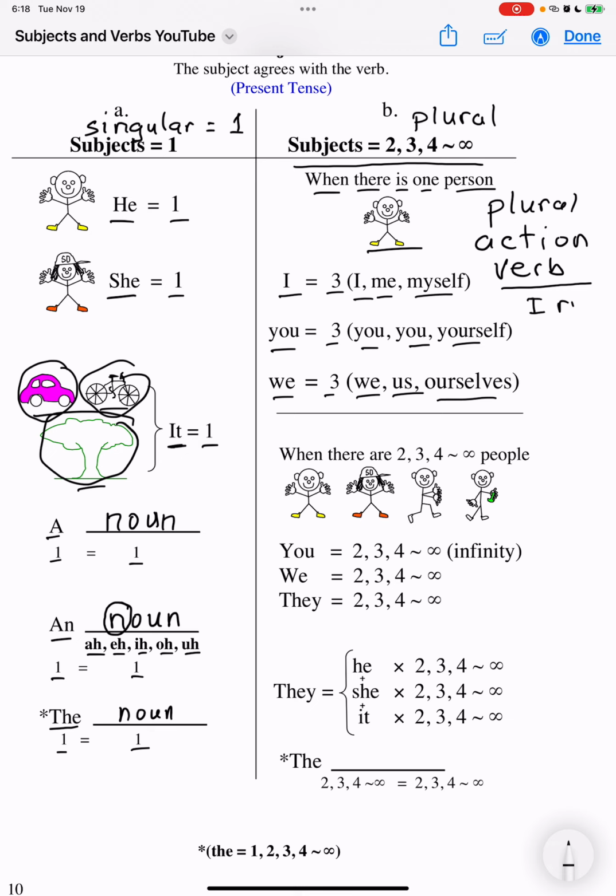So like I run. Even though I is one person and run is 2, 3 to infinity, which would be plural, you don't match I like that. You just match it with the plural because it is special. Okay, and I'll explain later what that is all about.